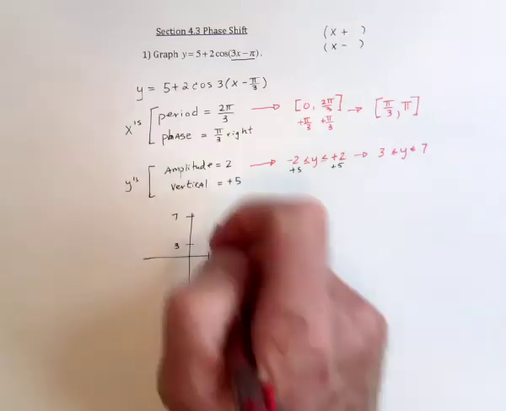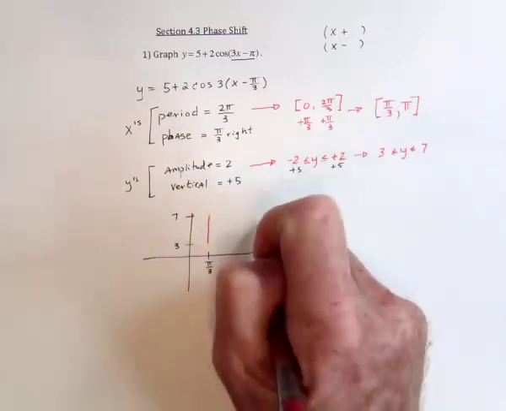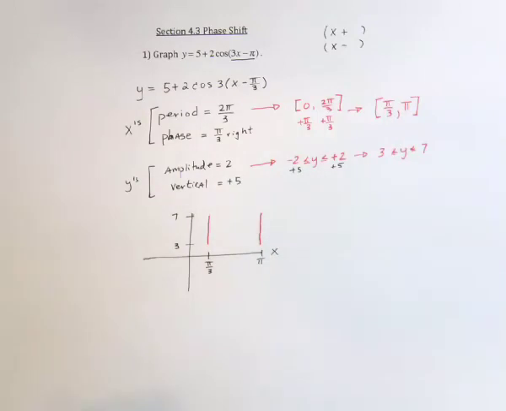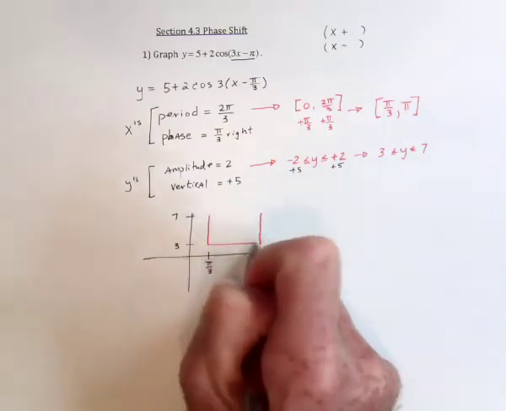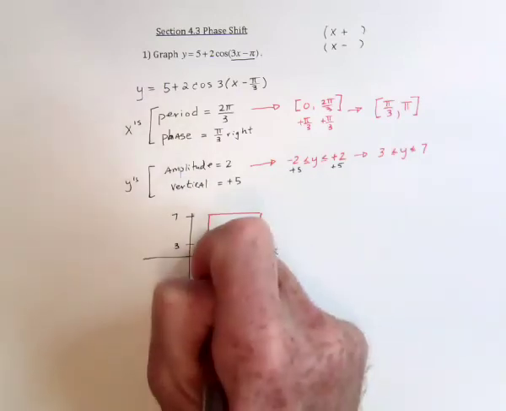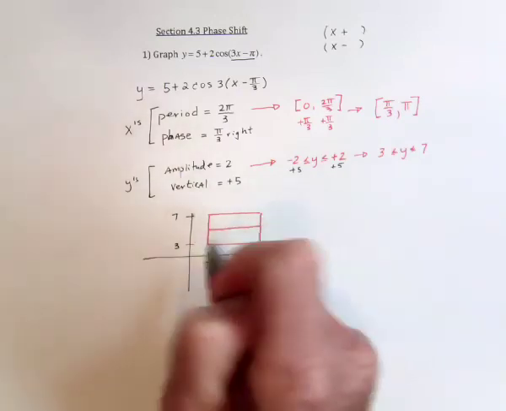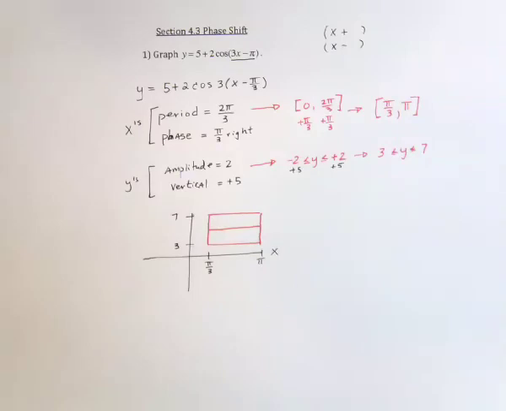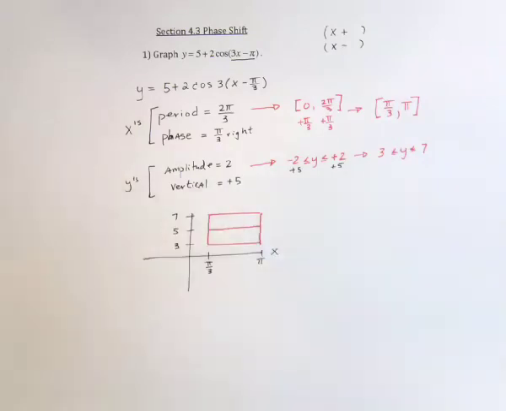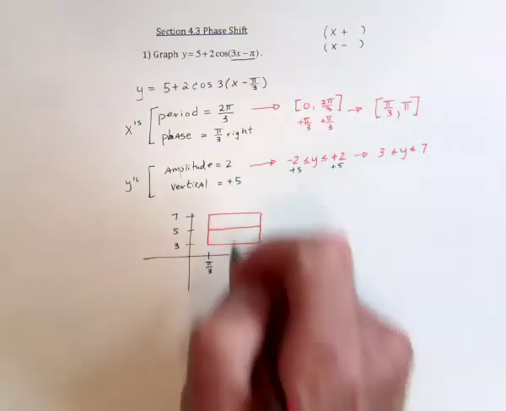And then I like to use a box like this saying the x's are going to range between these two, the y's are going to range between these two, and now I need to cut it in half, which halfway between a 7 and a 3 is a 5. Or you could add them together and divide by 2 to find the same thing.